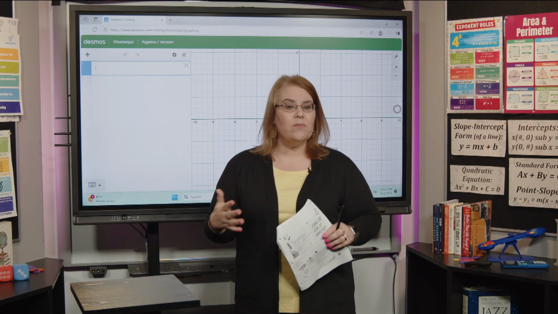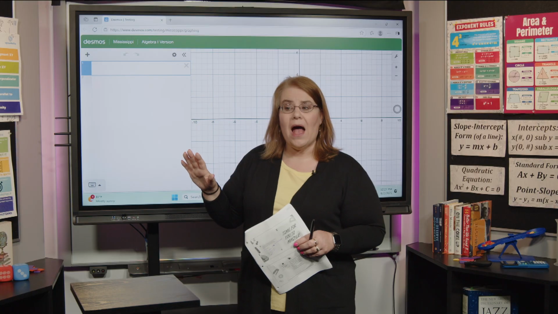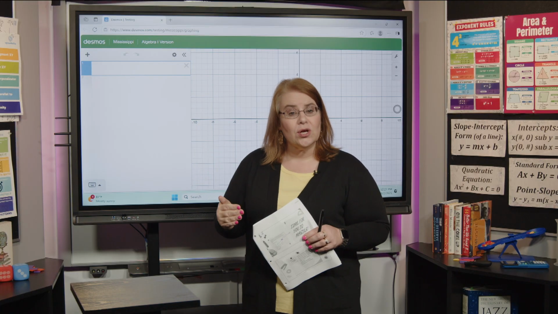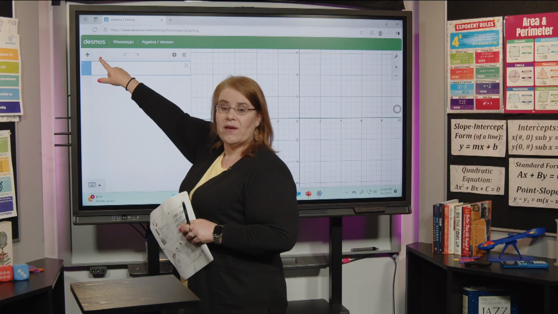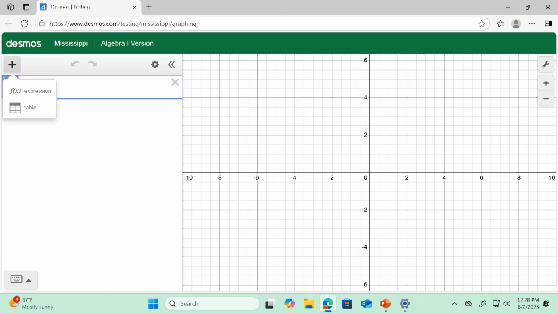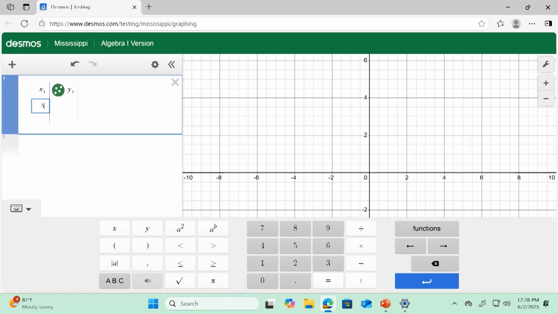There are lots of possible ways that you can use Desmos, but using a table to show how ordered pairs look is one of those really good skills. On the top of your Desmos, you see a plus sign. You see the table. I'm going to put the table. I have my X and my Y values. So I'm going to put the values that I put in my table. You put your values. So I had 5 and 0.